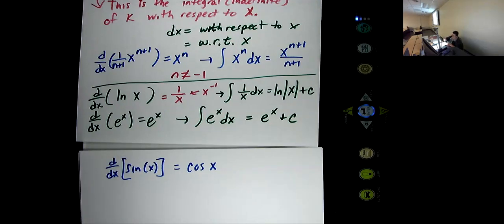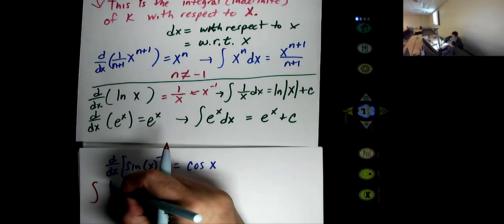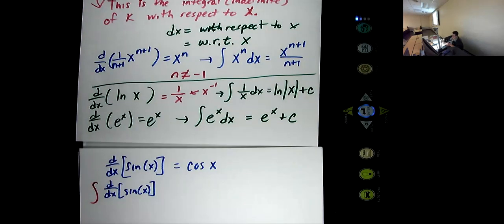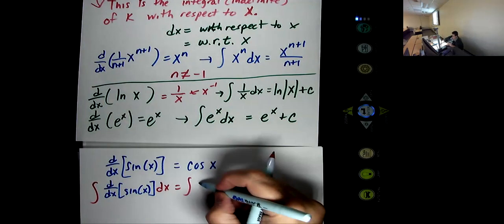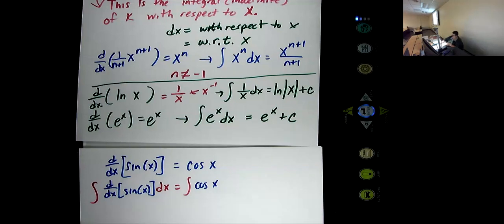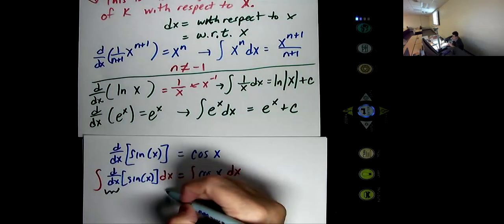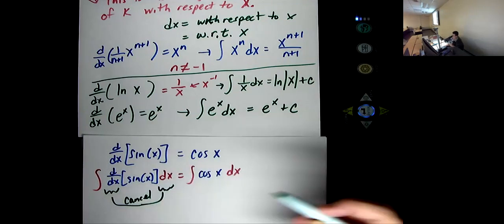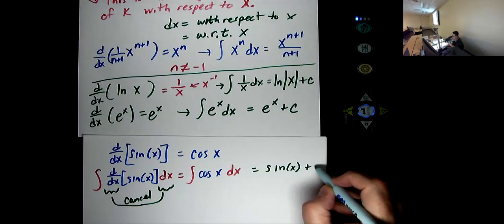So when we integrate both sides with respect to dx, this wipes out that. They cancel each other out. And we get sine of x plus some constant of integration.